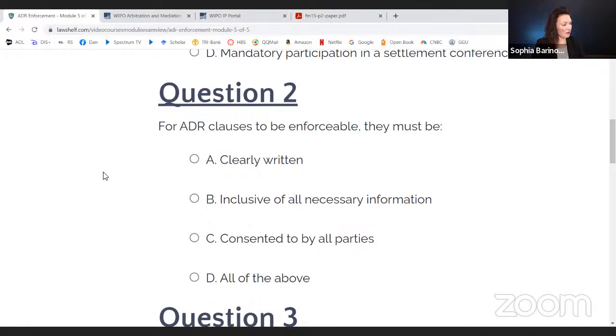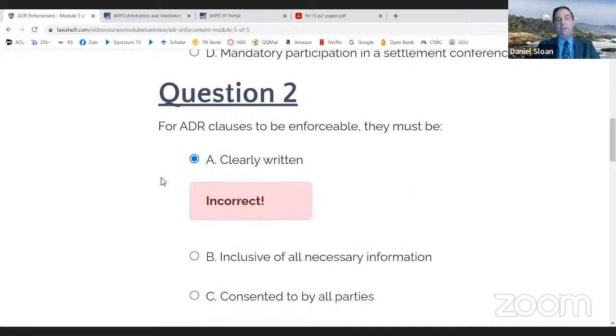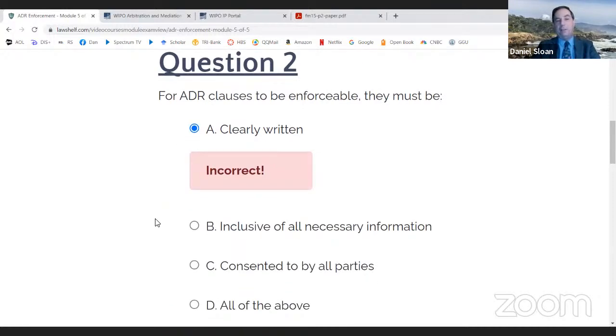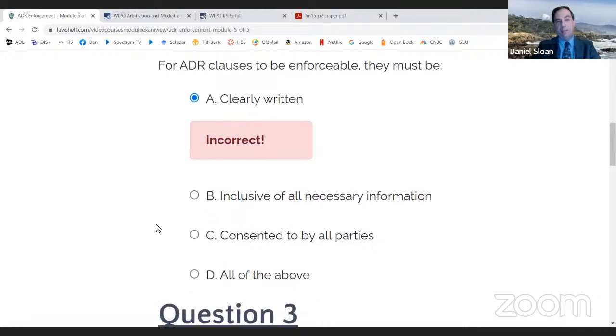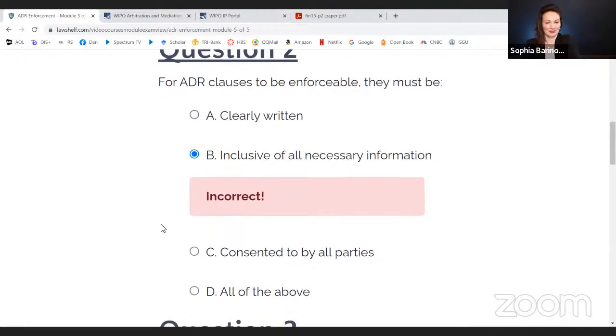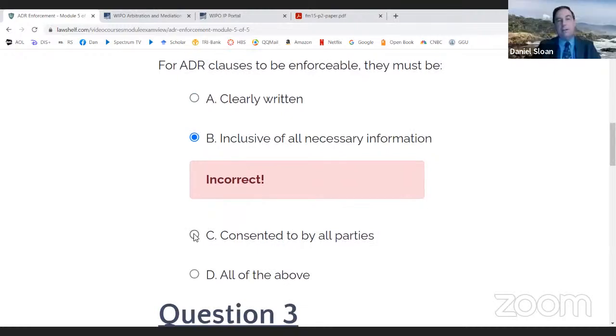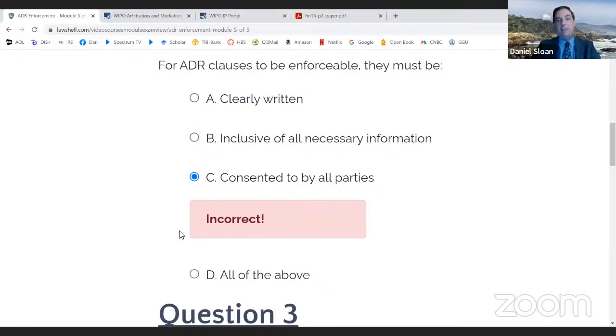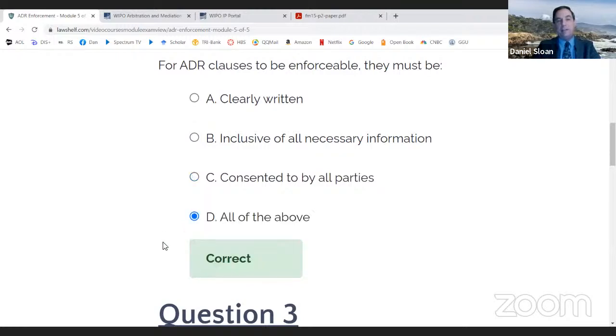Some are for C. Okay, so let's see. Does it need to be clearly written? Well, that's not the whole answer, but that doesn't mean it's not correct. So let's take a look. B, not the correct answer. And then a lot of them are saying C. That's not correct. So obviously it is D, all of the above. That is correct.